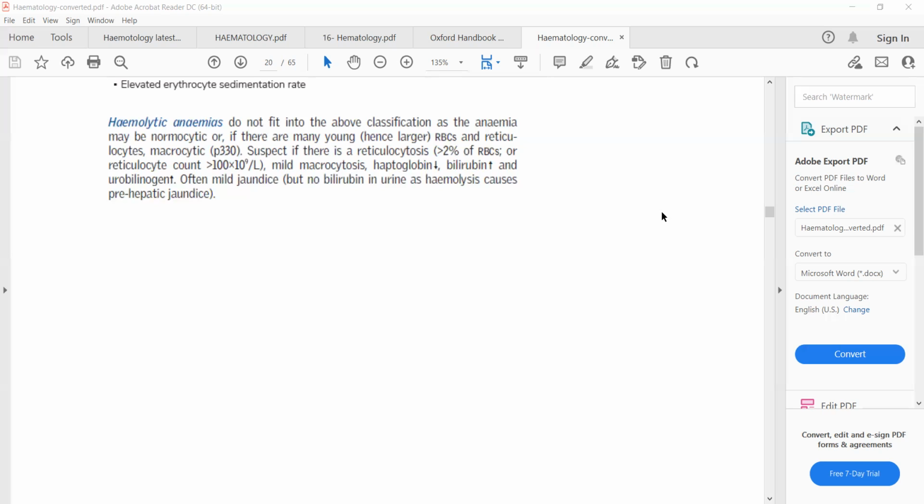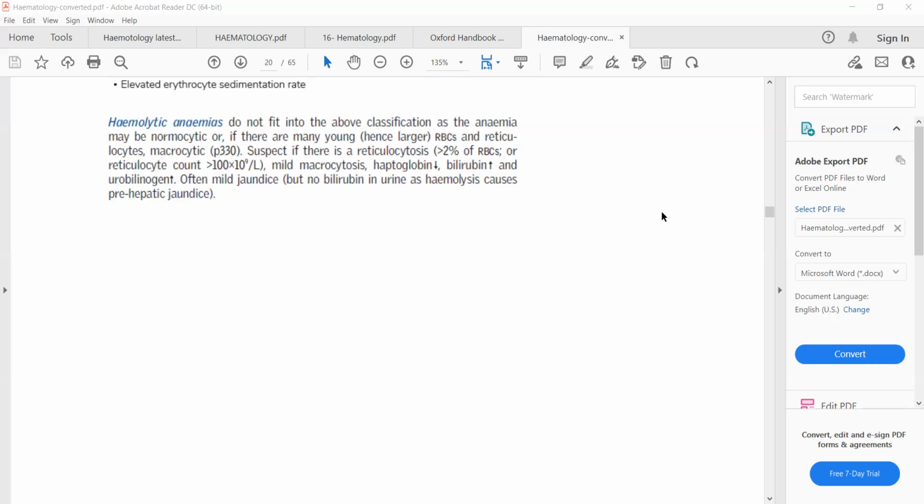Hemolytic anemias will cause macrocytic anemia if the number of immature RBCs is more than 2%. So at a high reticulocyte count, hemolytic anemias will cause macrocytic anemias.